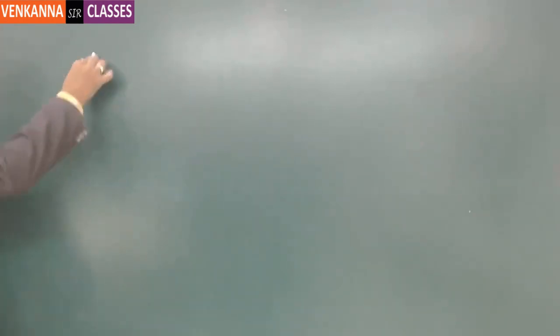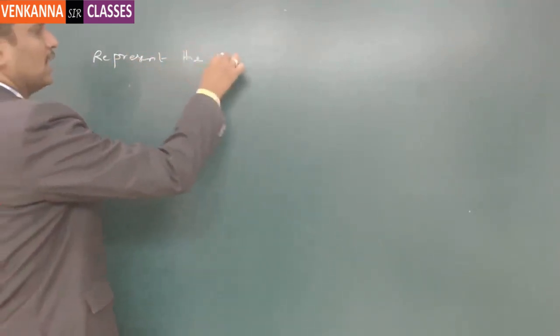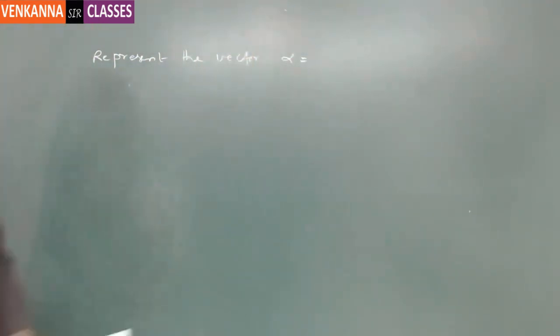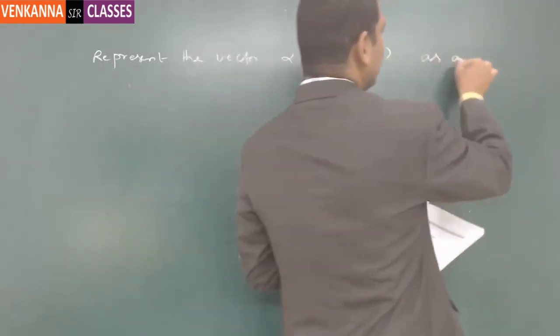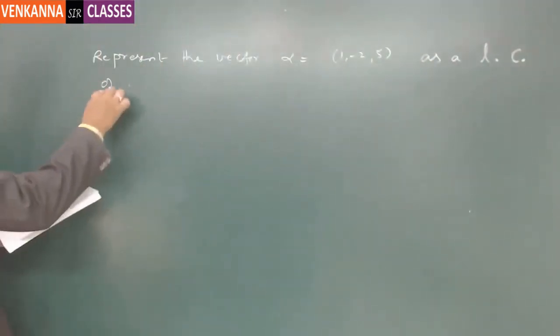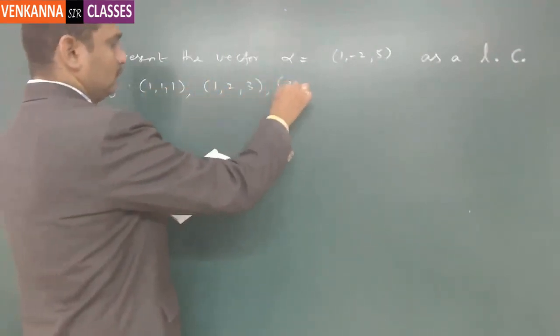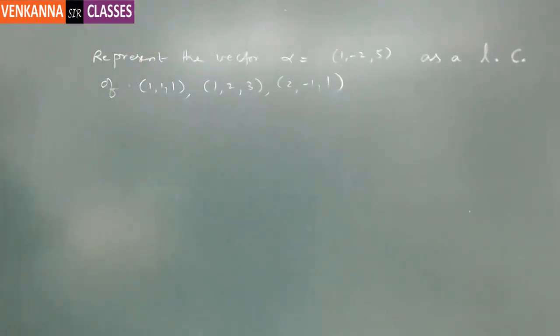Now the question is: represent the vector alpha equal to (1, minus 2, 5) as a linear combination of (1, 1, 1), (1, 2, 3), (2, minus 1, 1).